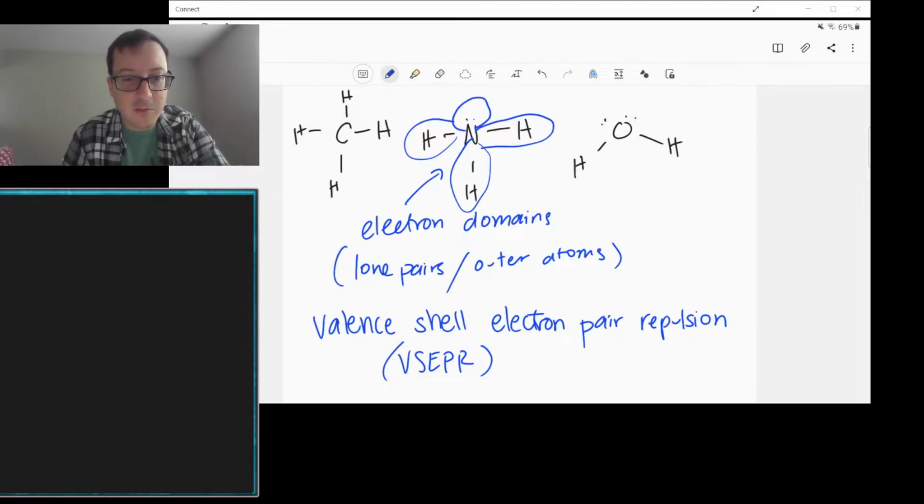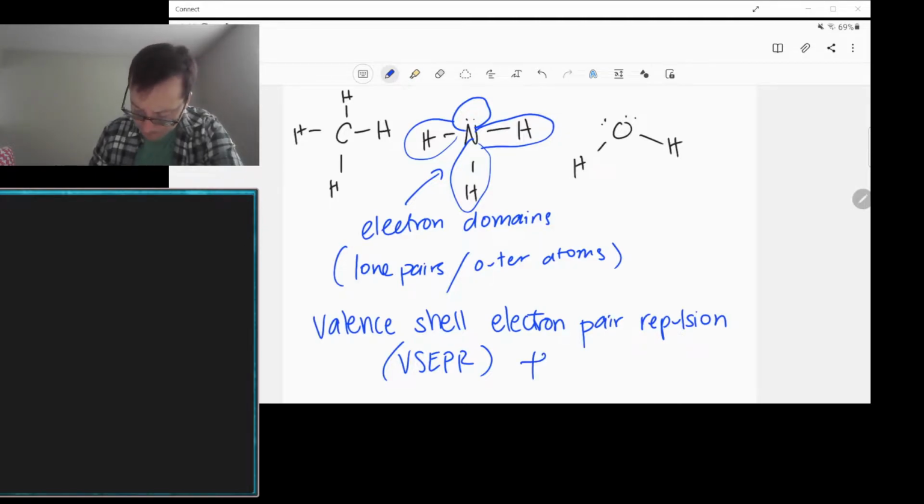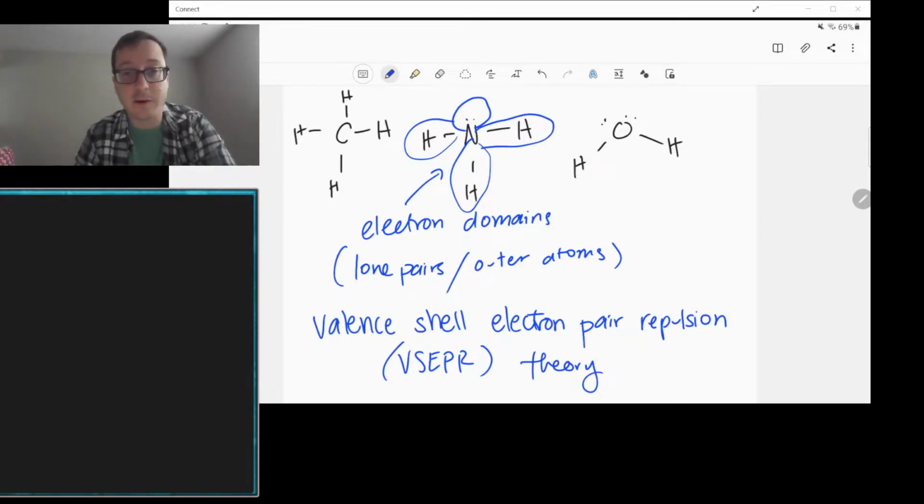So VSEPR, maybe. It's a theory, which is going to suggest that electron pairs repel each other, whether those pairs are in lone pairs or they are within bonding pairs. They're going to repel other bonding domains, other electron domains.